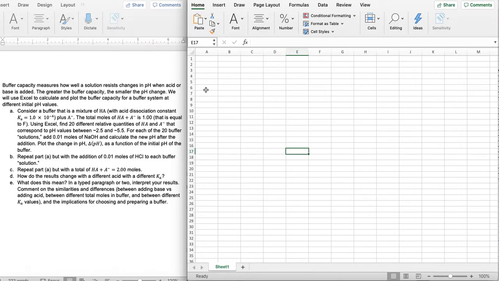So we've gone through this whole equation of how to find pH of a buffer, right? You have the Henderson-Hasselbalch equation: pH is equal to pKa plus the log of A minus over HA.